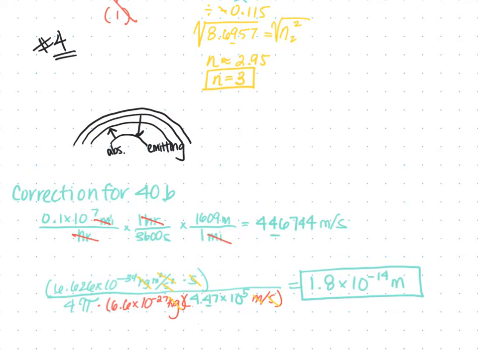So your final answer, after you correct that exponent and get the uncertainty of speed in meters per second and plug that into the equation from part 40, would be 1.8 times 10 to the -14 meters, not 1.8 meters. So make sure that you fix that for problem 40, part B.